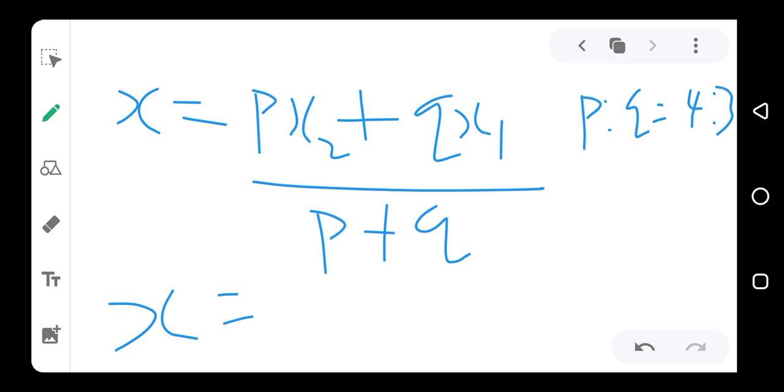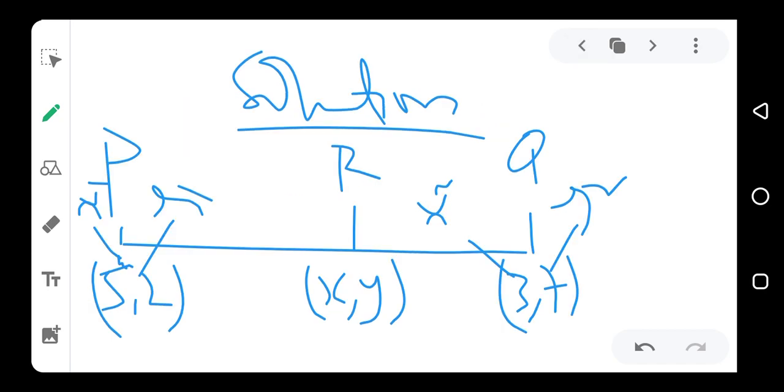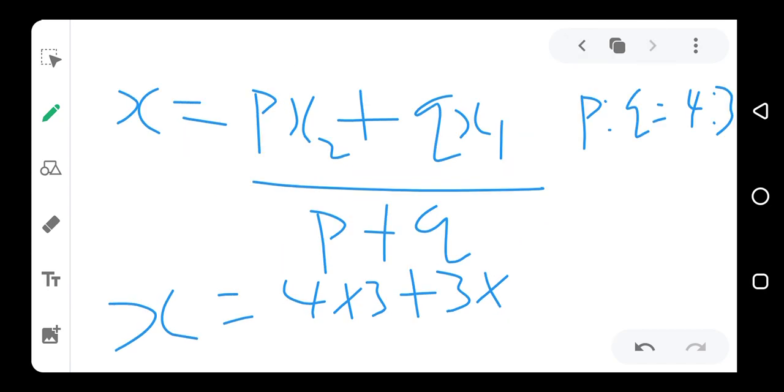So we have 4 times x2, which is 3, plus q, which is 3, times x1, which is 5, everything over p plus q, which is 4 plus 3.